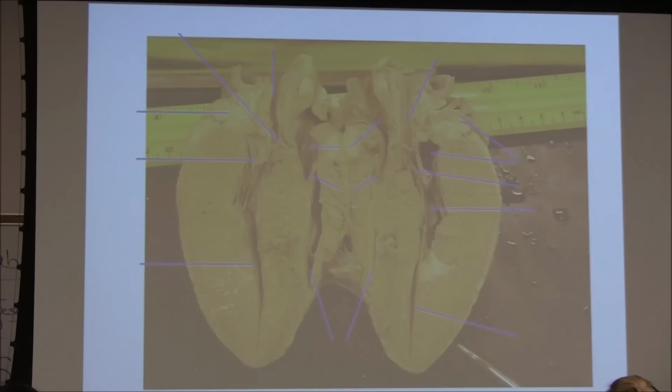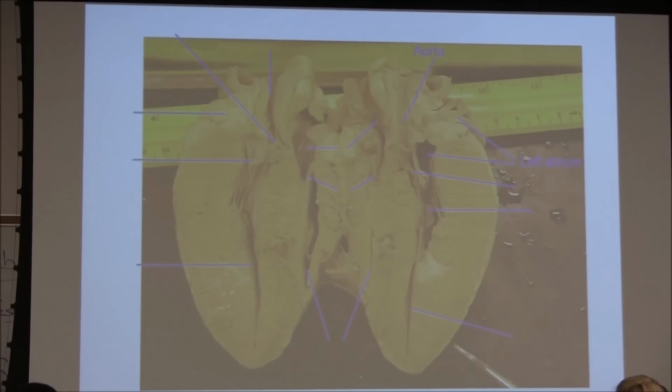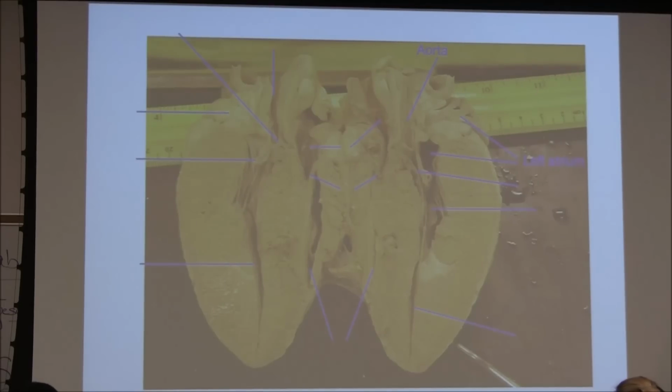Now, what is this up here? The aorta. That is your aorta. What is this and this? Right atrium and left atrium. So this guy is your aortic semilunar.